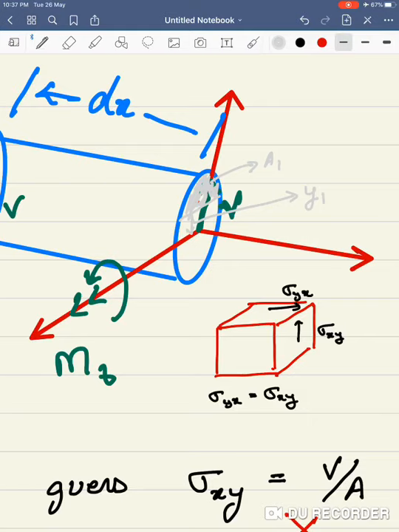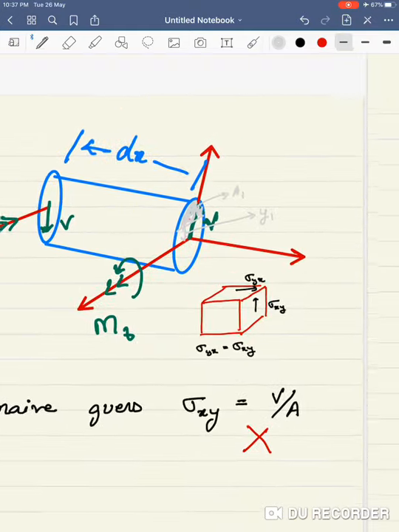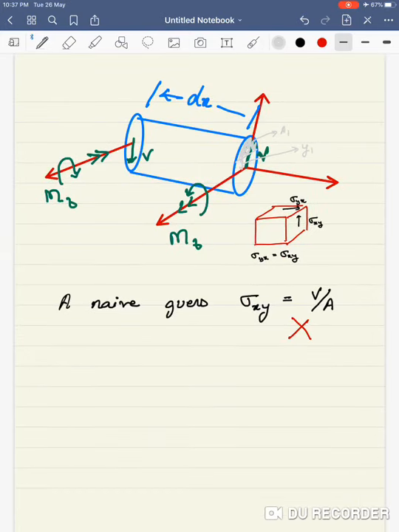Now you do a force balance on this differential area, whose size on this face here is A1, and the other length is a differential element dx. This is obviously exaggerated, I'm implying a very small area right here.